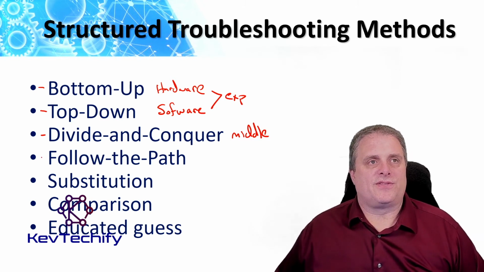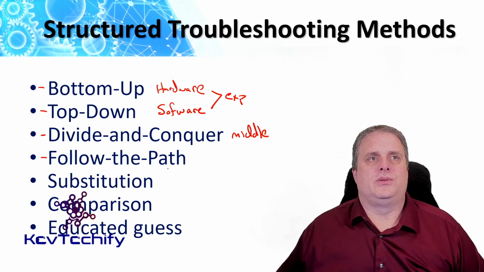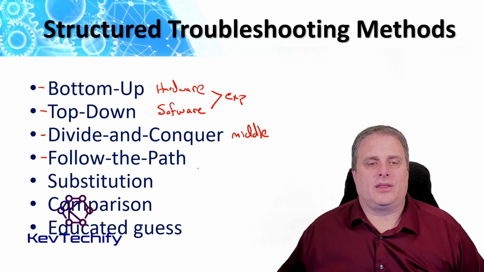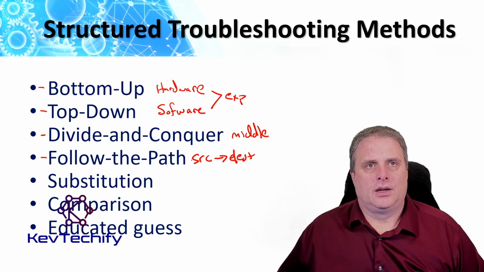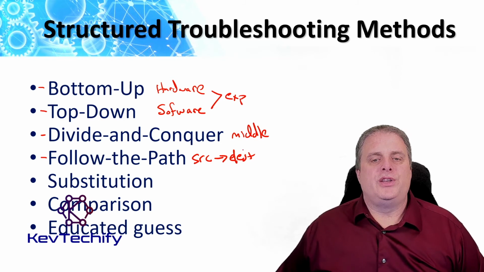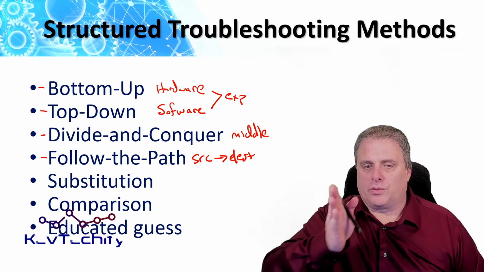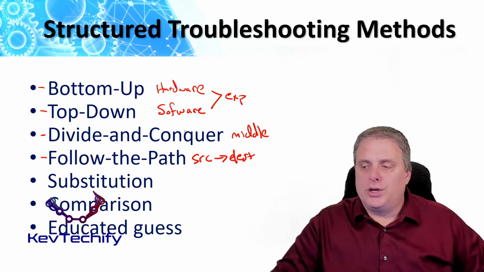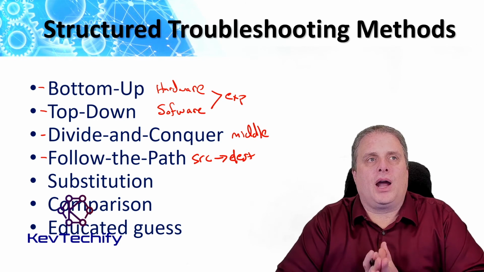Another method is follow the path. You use this to discover the actual traffic path from the source to the destination. And that'll help you reduce the scope of your troubleshooting. If you go right from the source to the destination, you're not going to look at the other stuff that isn't part of that path of your problem.